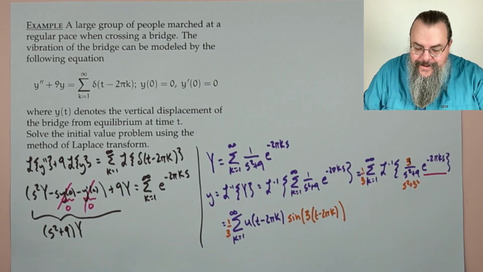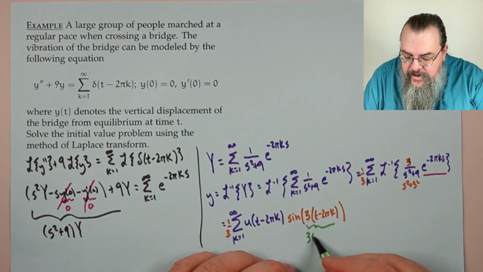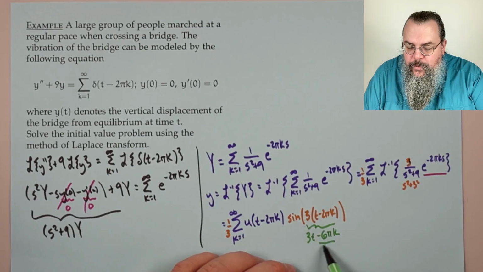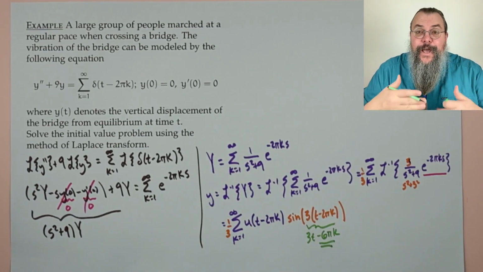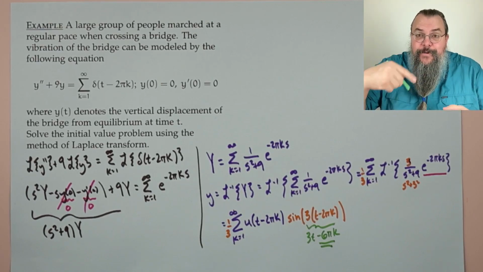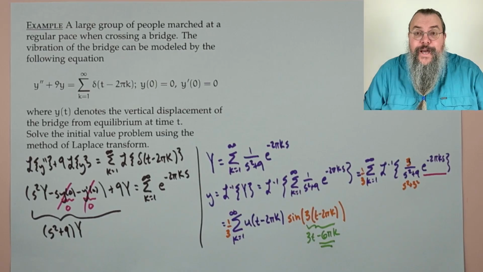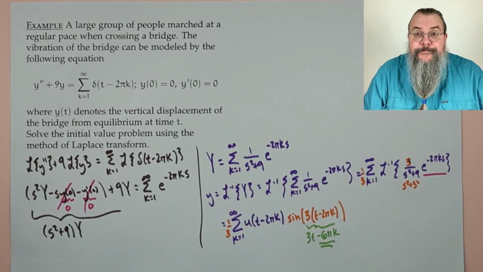So hold on. This is 3t minus 6 pi k. But sine is periodic, right? And so if we've gone around 6 pi k times, we're back where we started. So we can drop that.